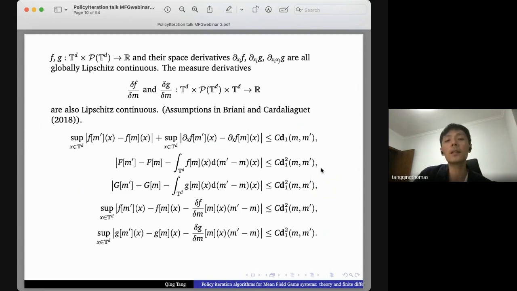Okay, if these things are Lipschitz, I can derive the following result, just by using the definition of flat derivative. On the right-hand side, I use the Wasserstein distance.